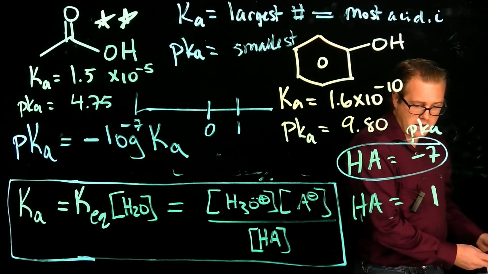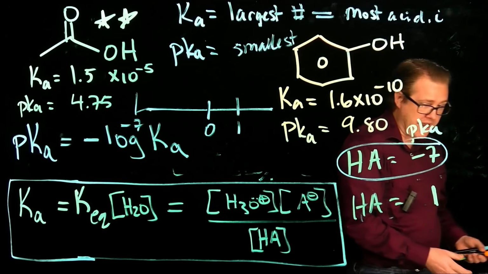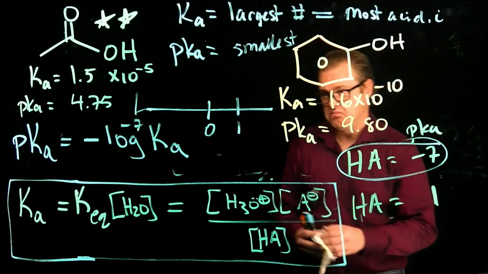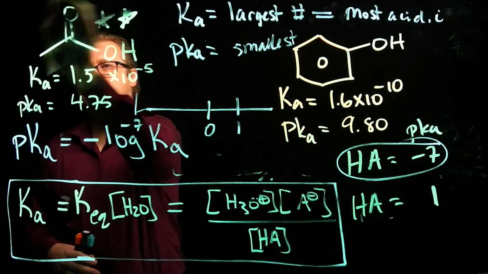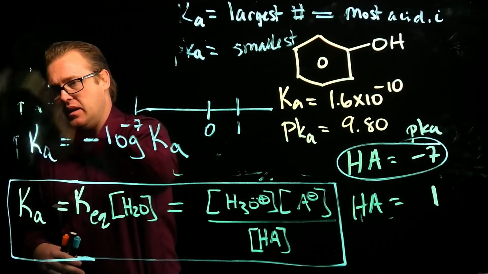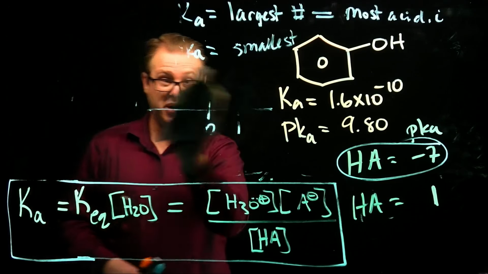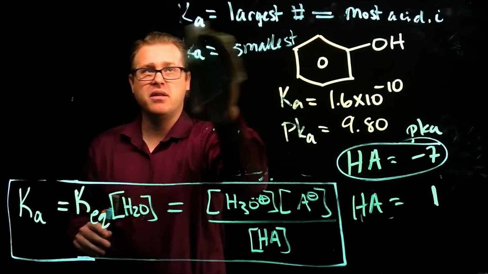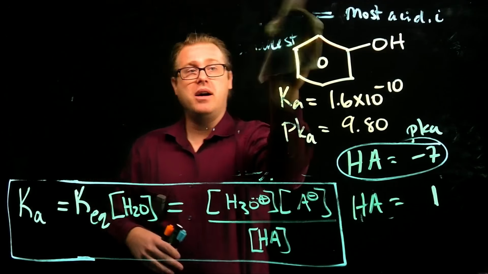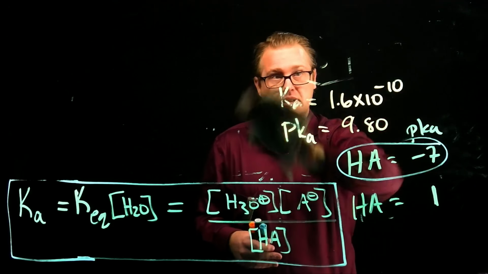Now, I don't expect you to memorize the entire pKa table. Okay, that's a waste of your time. Would it be amazing if you could just put it all in there and it's just there forever? Yeah, that'd be awesome. But that's not likely.